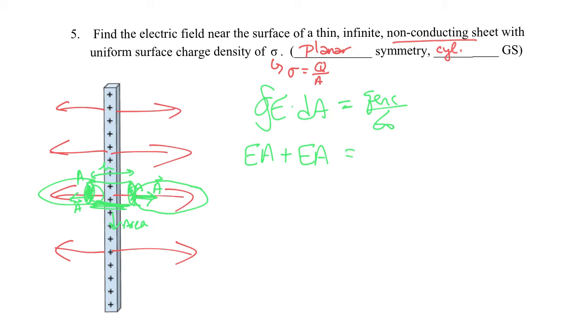Okay, cool. Now, how much charge is in here, right? So we're looking at that amount of charge. Because we have this relationship, we know that Q enclosed is going to be sigma times A, whatever the area of our Gaussian surface is.